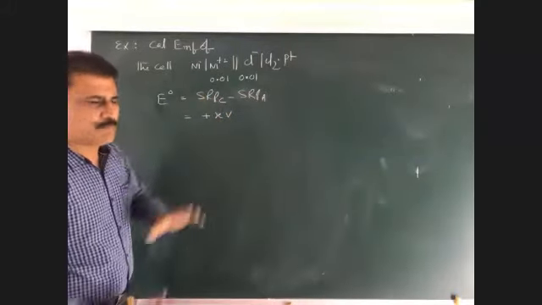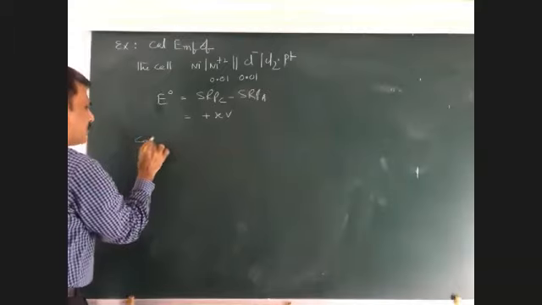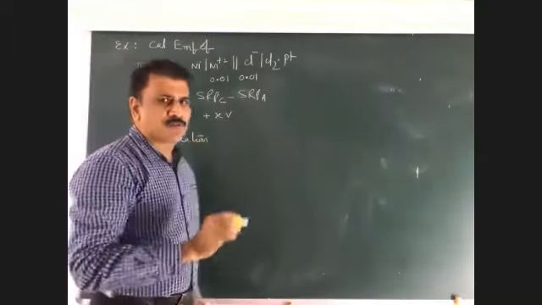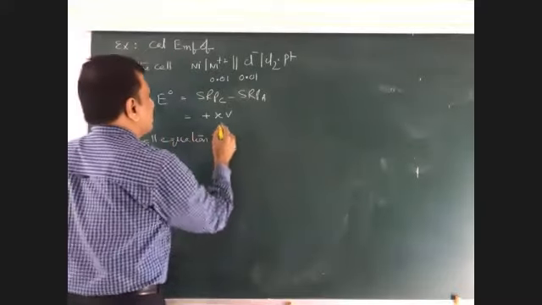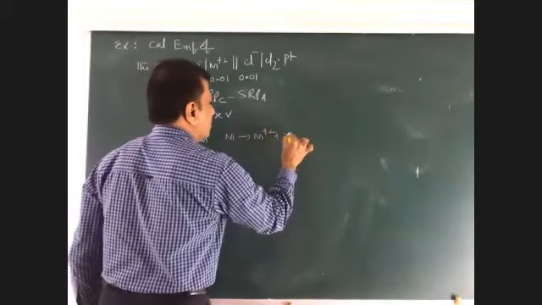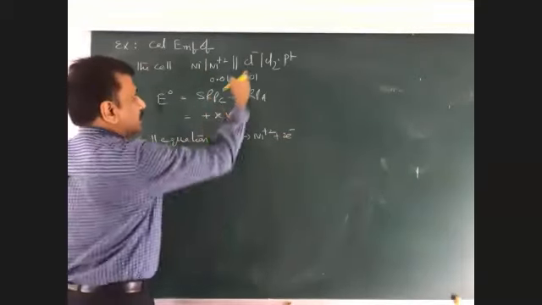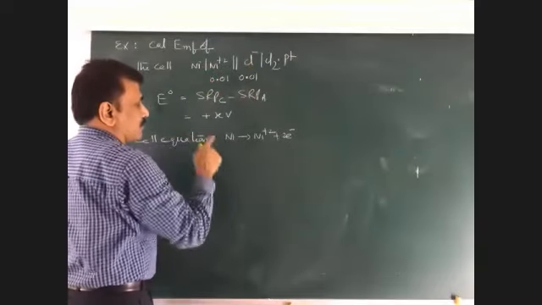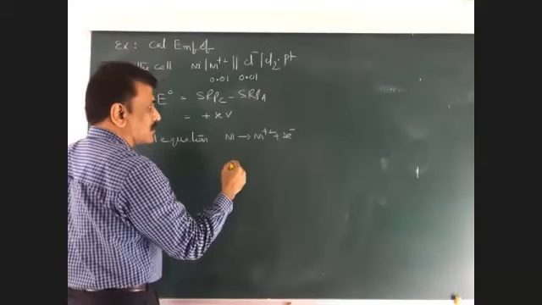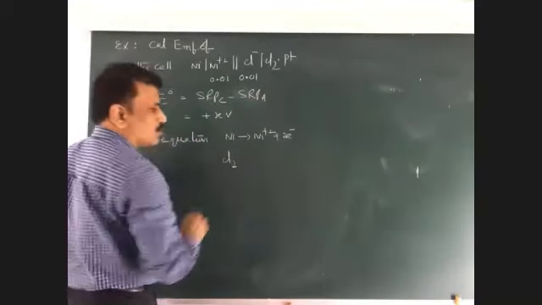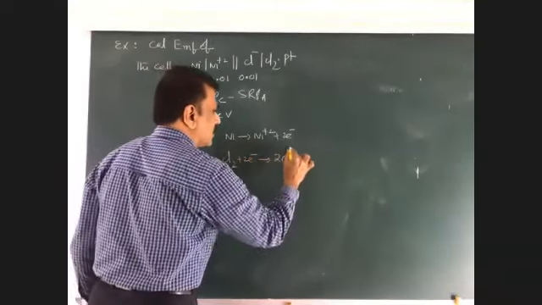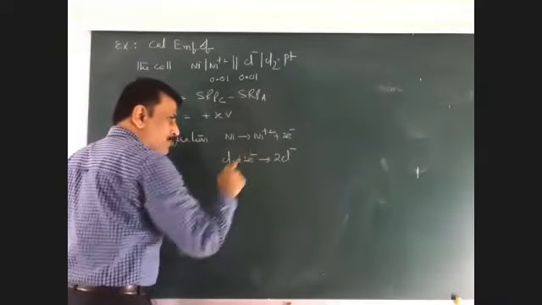So leave this aside. Now go for the cell equation. Why do we have to write the cell equation? To get the K value. Nickel changes into Ni plus 2 plus 2 electrons. This is oxidation. Here I have to write reduction. Reduction means gain of electrons: Cl2 plus 2 electrons forms 2Cl minus. Both electrons should be balanced.